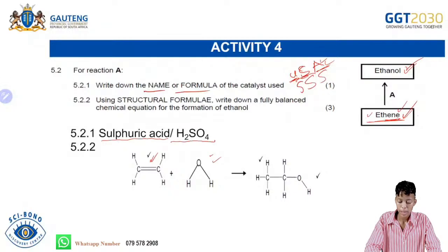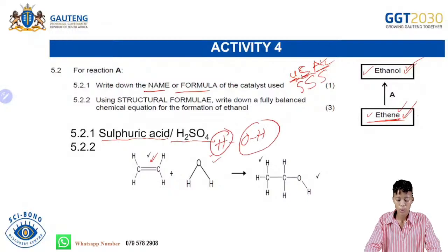So what is it that you are going to be adding? For you to move from an ethene to an ethanol, you are going to be adding water. Remember your water can also be represented as hydrogen and OH.